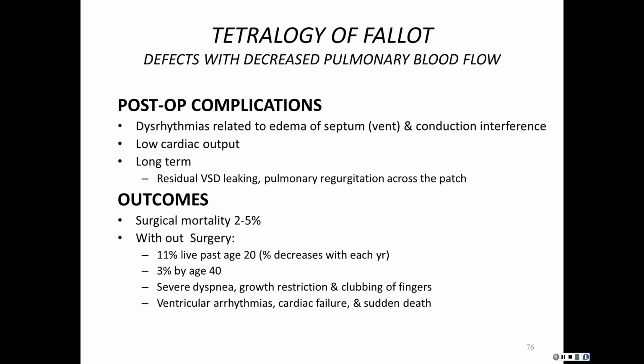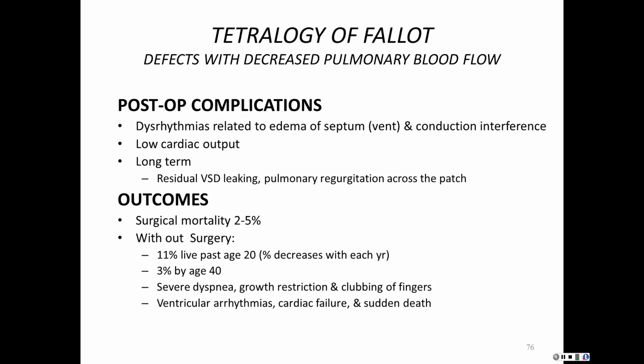The surgical mortality is between 2 and 5%, so it actually has a very good mortality rate if you look at it that way. Approximately, as we look at it, these children who have the surgery do very well and live long, productive lives.